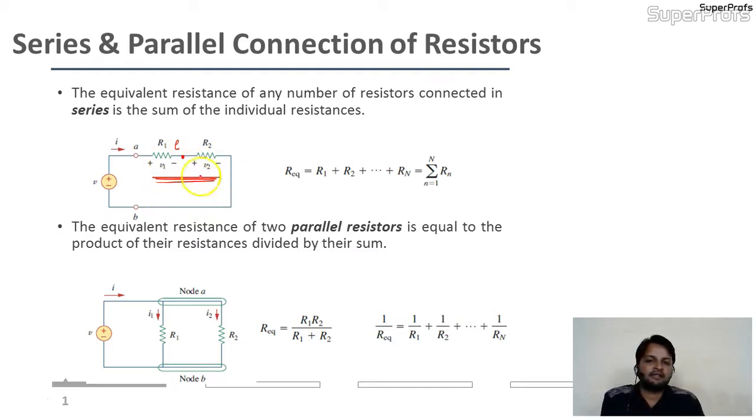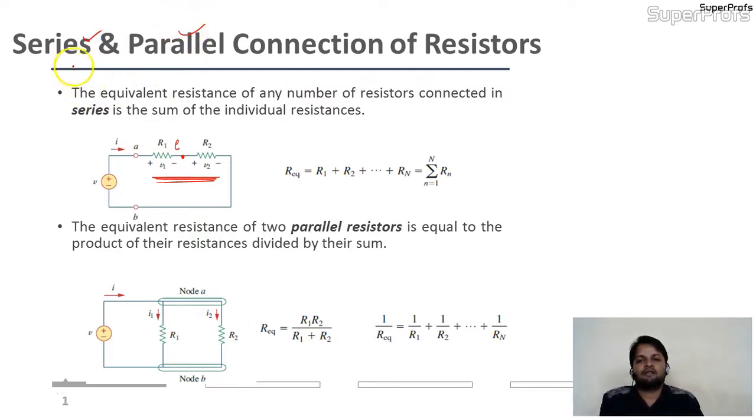Then only we can say these are series connected. In the parallel connection, the resistances or elements are connected in parallel if their starting points are connected to each other and their ending points are connected to each other. So we know about the series and parallel combination.